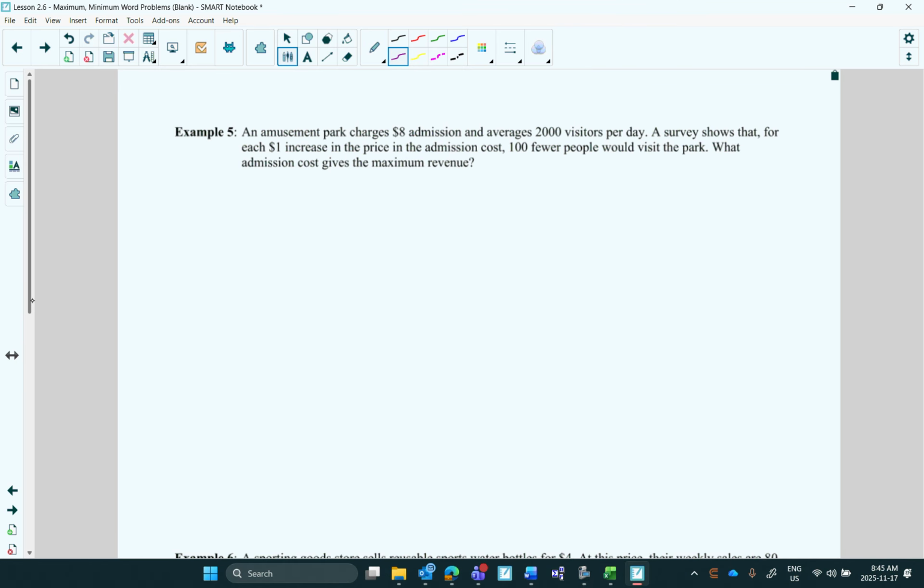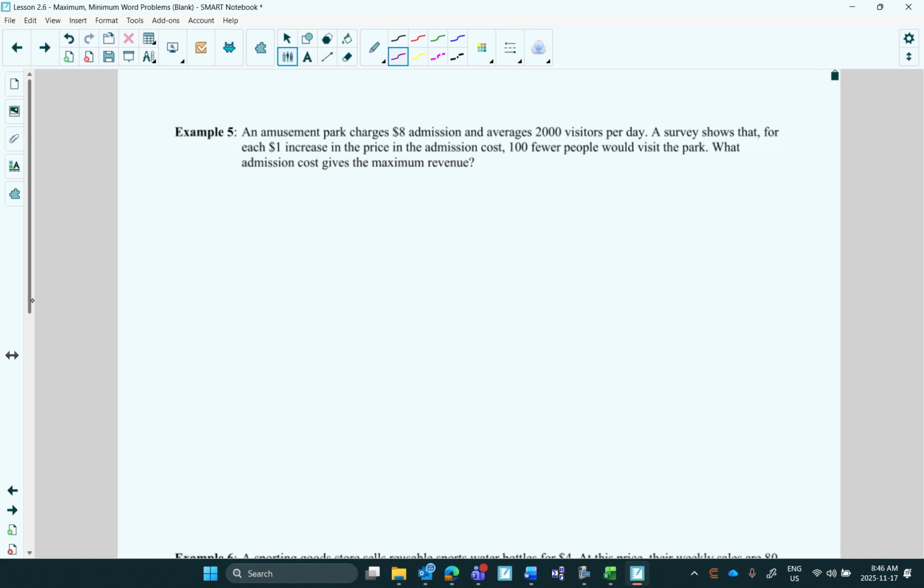And this has to do with business. So an amusement park charges $8 for admission, averages 2,000 visitors a day. A survey shows that for every $1 increase in the price of admission, 100 fewer people would visit the park.